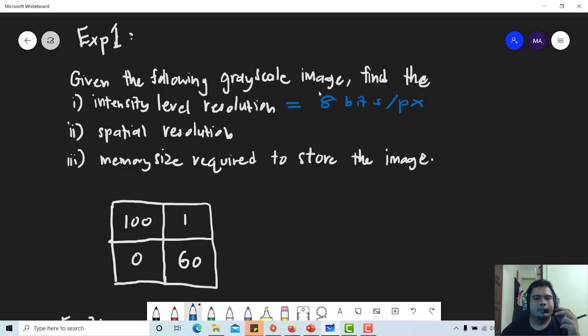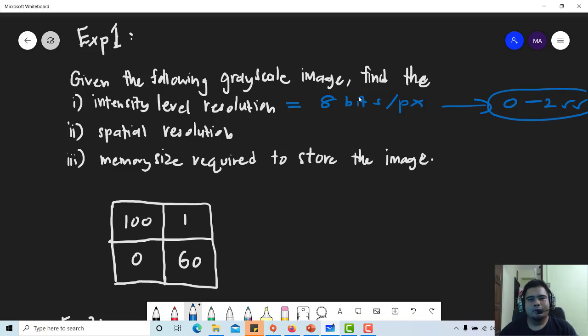The second indicator you can use is by looking at the numbers here: 60, 100, 0, 1. The values inside this matrix are from 0 to around 100-something, meaning that if you are using 8 bits, which ranges from 0 to 255, these numbers fit in this range.